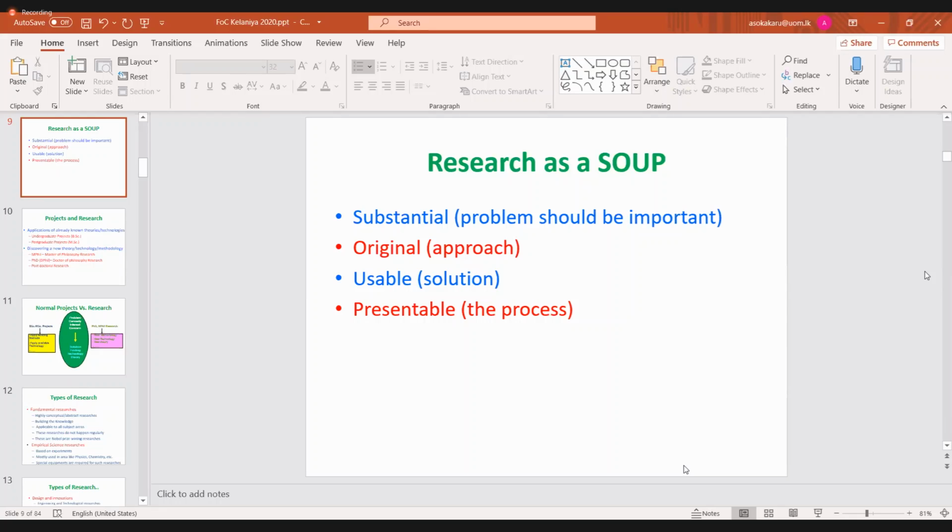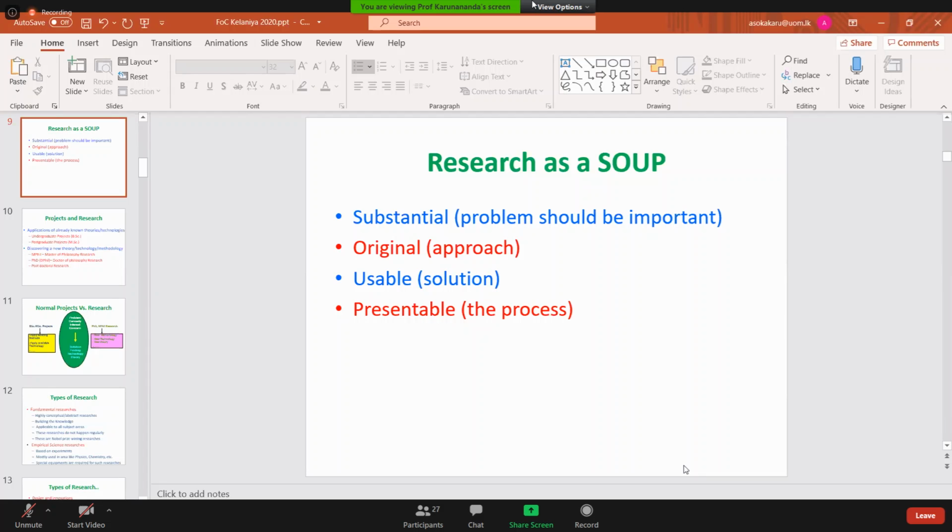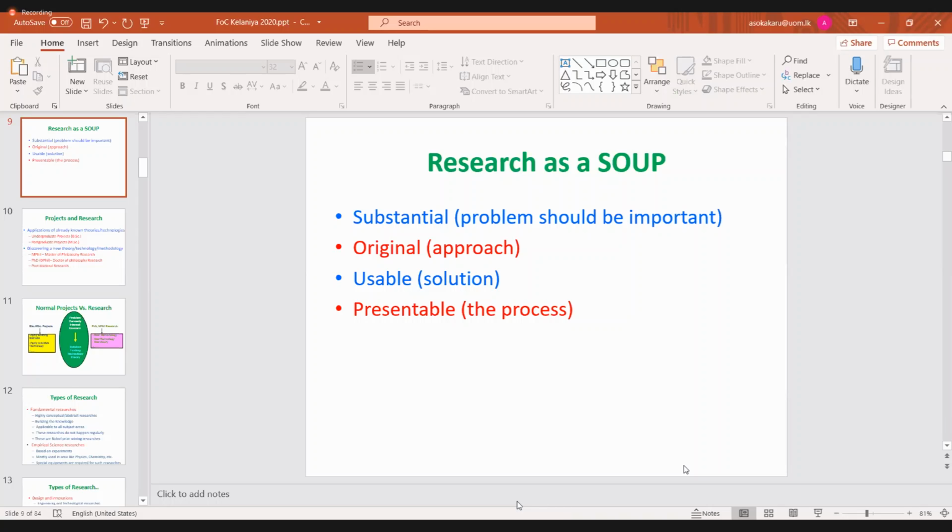In a simple sentence, you can say that the success of Newton as a researcher is very much influenced by his presentation skills.